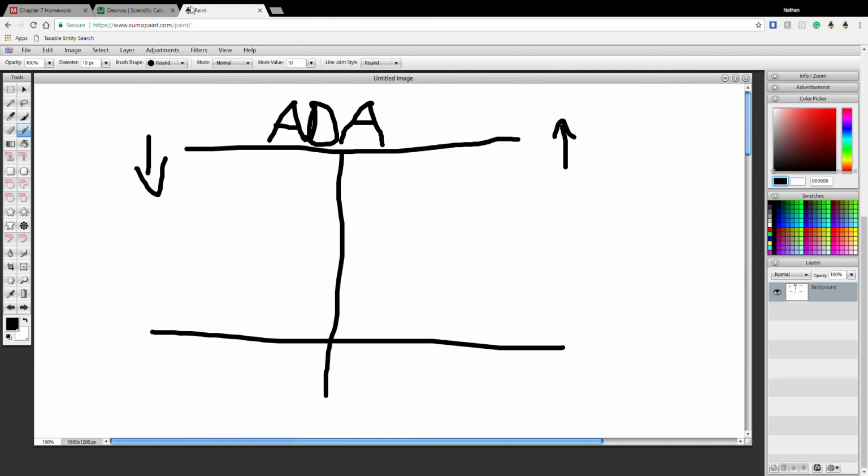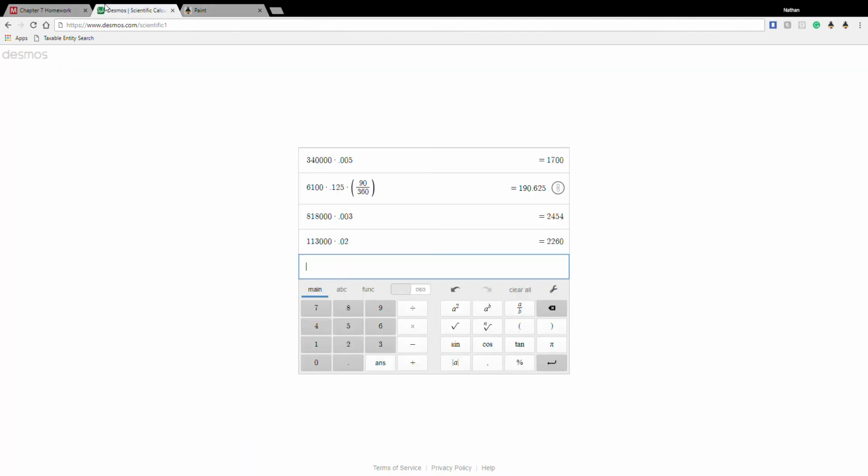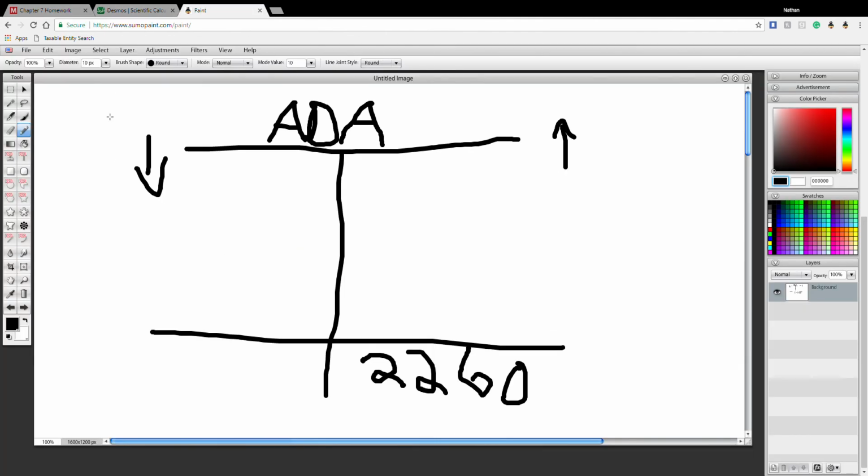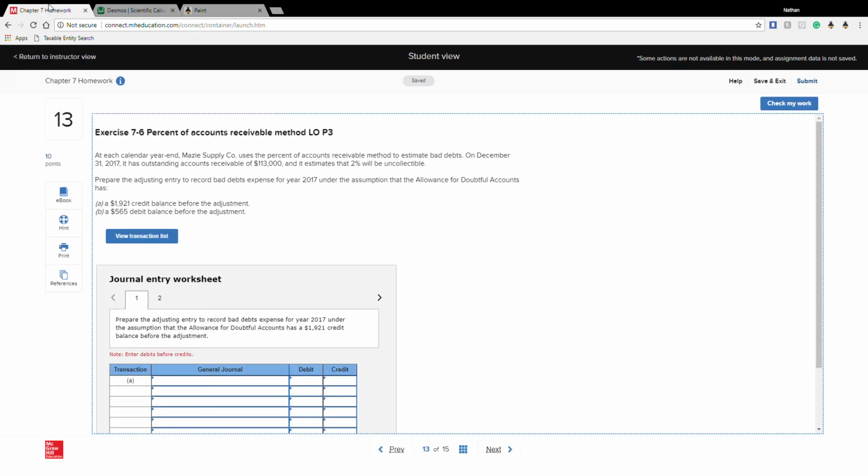So here, according to our calculator, it should actually end up at 2260. Let me make sure I did that right. Yeah, 2260. Alright, so because it's a positive amount, we know it has a balance. It's going to be on the credit side since that's the way that it actually increases.